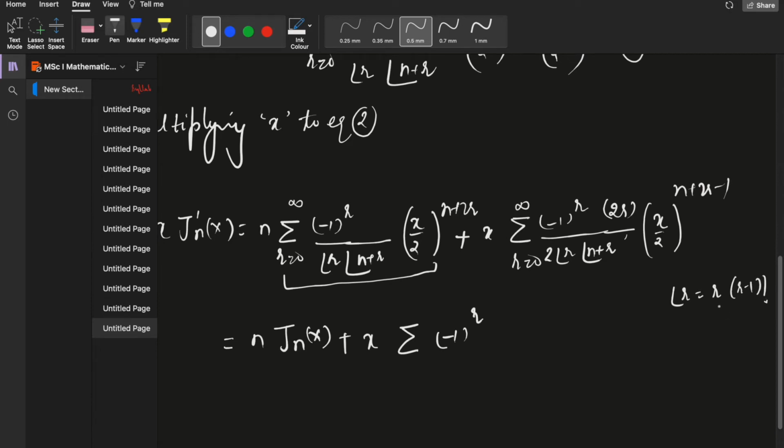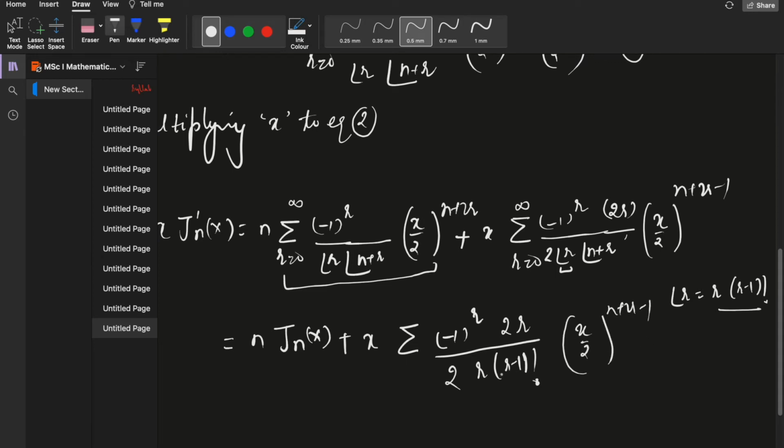So this factorial r can be written as r times (r minus 1) factorial, and here 2r, x upon 2 to the power n plus 2r minus 1.